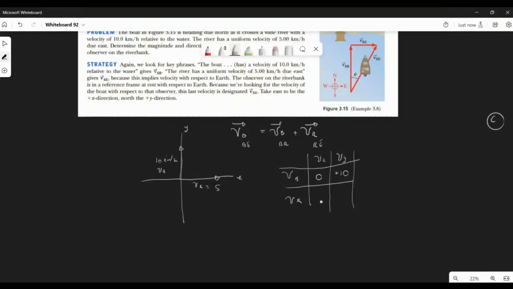Do we have an x component for the river? Is it positive or negative? Plus 5, exactly. Is there a y component? There isn't.